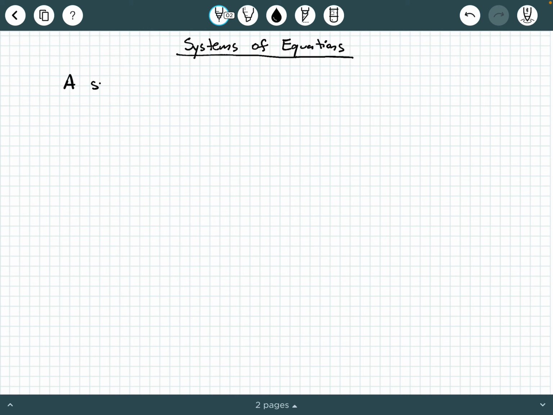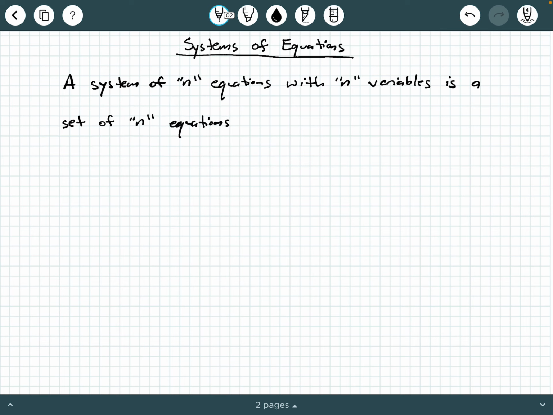A system of n equations with n variables is a set of n equations, each of which is linear with the same n variables.